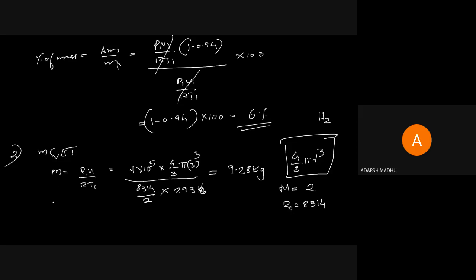C value is given. And delta T value: T1 is given as 293 Kelvin. T2 is not given. To find the value of T2, you can use the equation of perfect gas, PV equal to RT. How does it come? PV equal to RT.